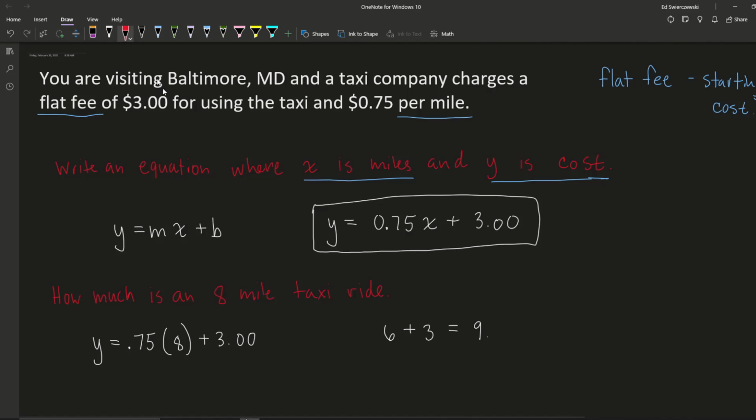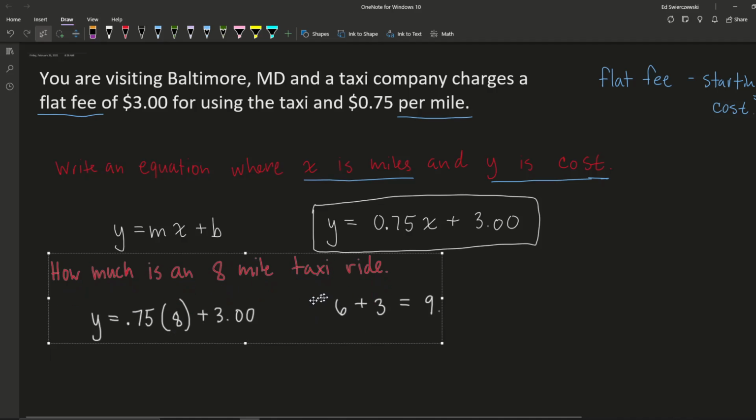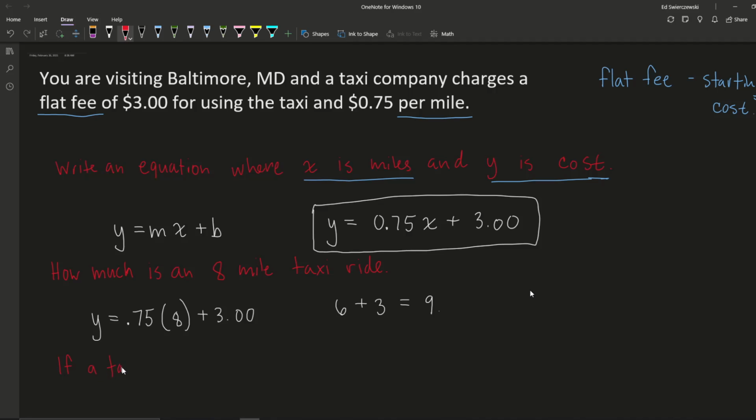And then lastly, just one more question here. Let me maybe move this over. If a taxi ride costs $15, how many miles did you go?